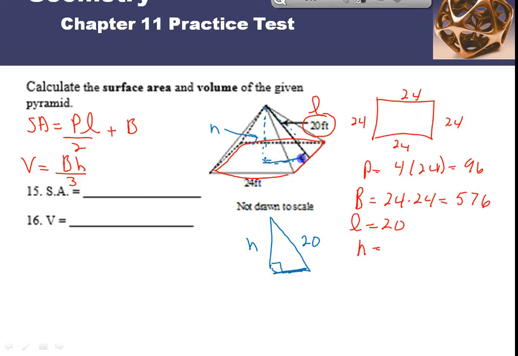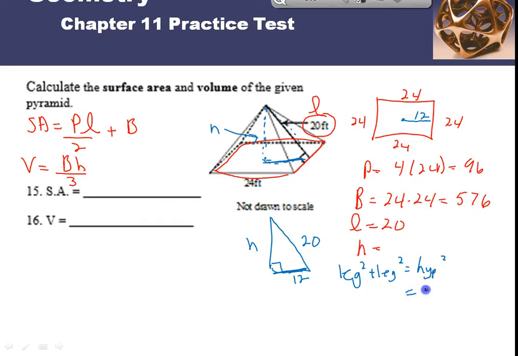And how long is that? Well, it's half of 24, which is 12. So I'm going to do the Pythagorean theorem, which is leg squared plus leg squared equals the hypotenuse squared.